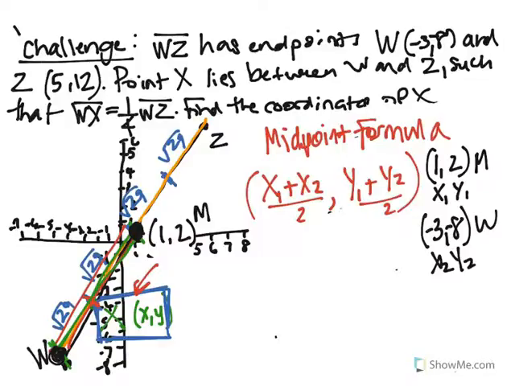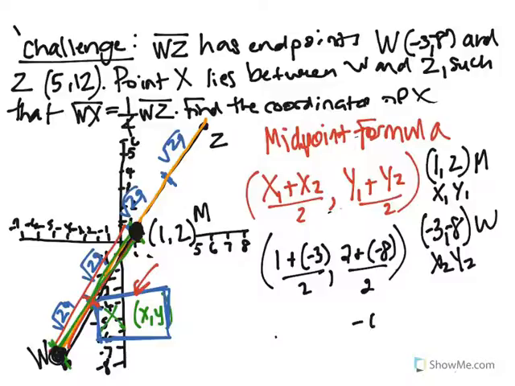All right, so I'm going to start over. x1 is 1 plus x2, which is -3, over 2. And then y1 plus y2 is going to be 2 plus -8 over 2. Okay, 2 plus -8 gives me -6 over 2. 1 plus -3 gives me -2 over 2.